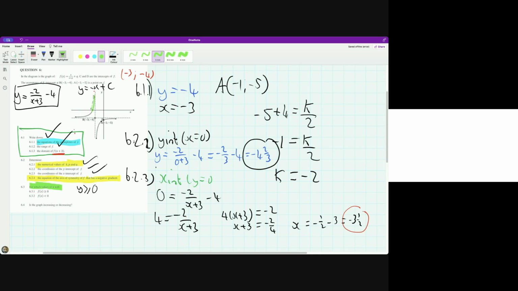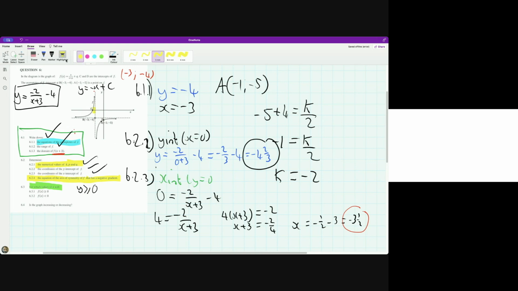This is the only part where I see that the graph is above the horizontal axis. Can you see that that's the only part where the hyperbola is above that? Give me a thumbs up if you follow that. So that is what they're asking for, but they're not asking for those values. They're asking for the x values over here.